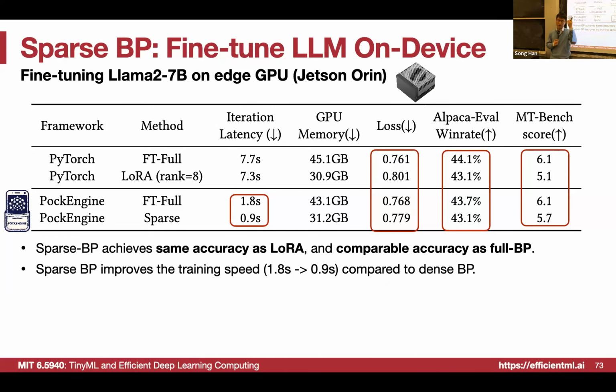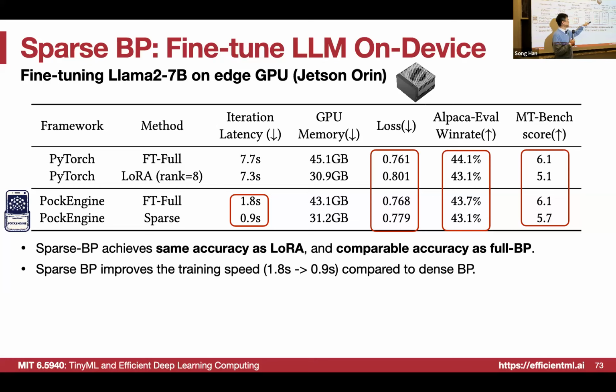Let's see how sparse fine-tuning improves the speed and maintains the accuracy. There are several frameworks: using PyTorch versus using PockEngine, our fine-tuning infrastructure. Compared with full fine-tuning, sparse fine-tuning is about 2x faster, and a lot faster than the PyTorch baseline, due to the efficient PockEngine on Jetson Orin.